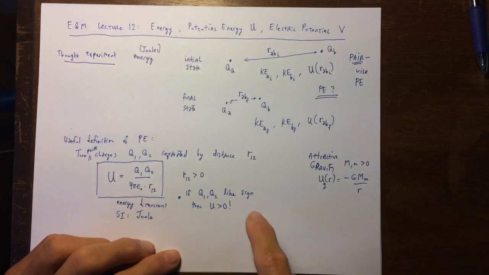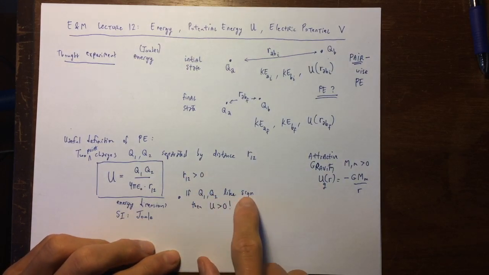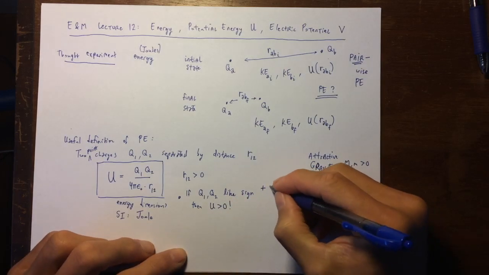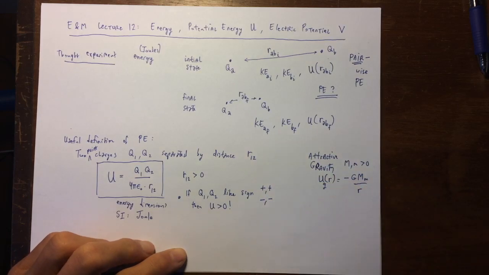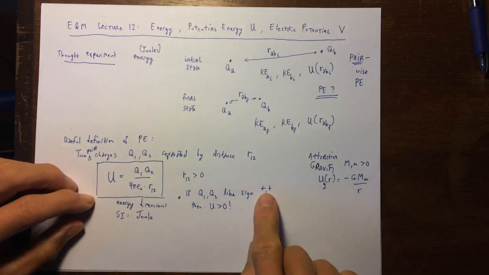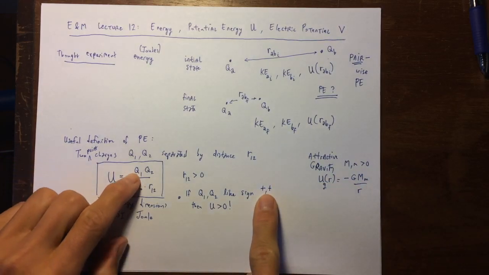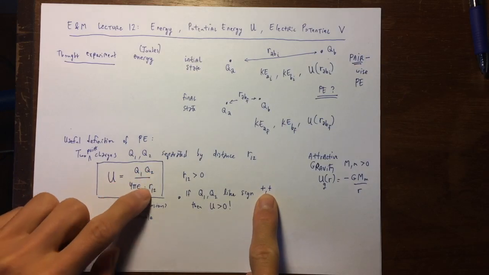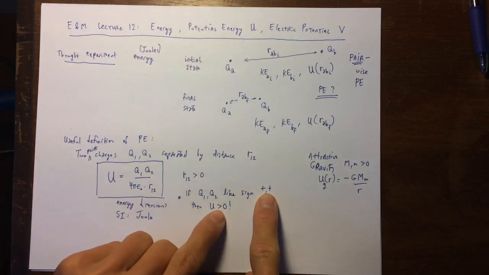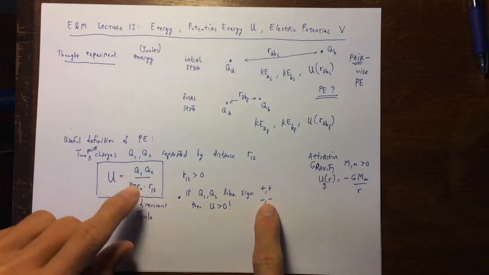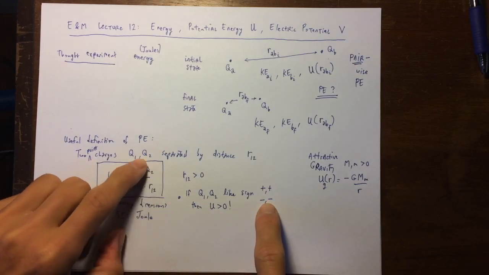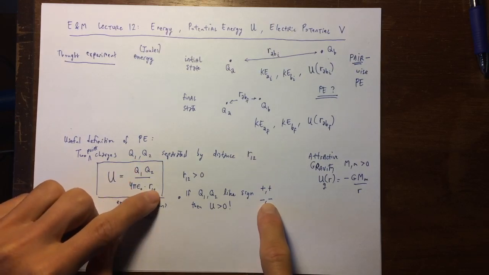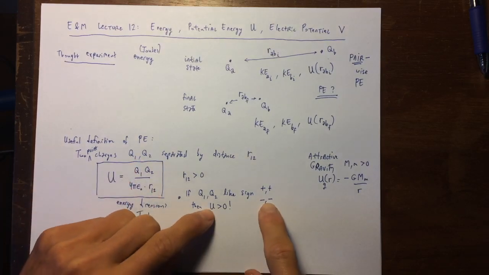If Q1 and Q2 are like sign, that means it can be plus plus or minus minus, right? That's it. So if it's plus plus, then I've got a positive times a positive divided by a bunch of positive stuff, and U is positive. If they're both negative, then I have a negative times a negative on top, which is overall positive, divided by a bunch of positive stuff. U is still positive.